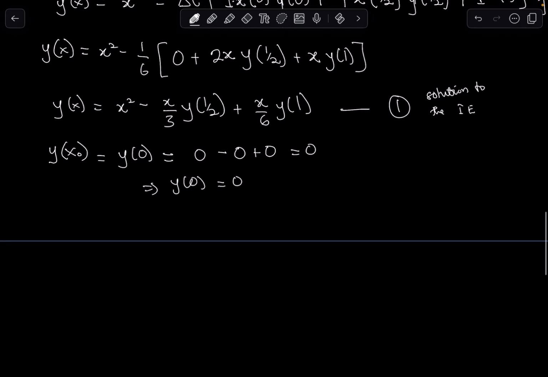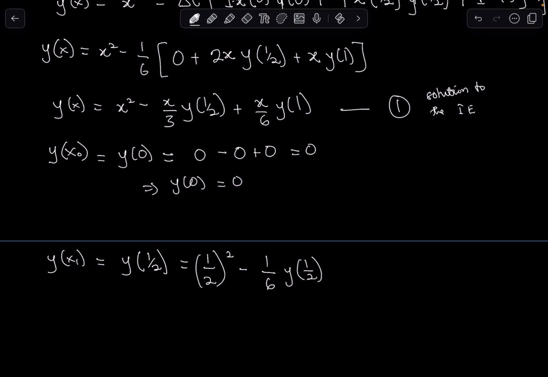Cool. And then we're going to do y of x1, which is going to be y of 1 over 2. I'm going to have 1 over 2 all squared minus 1 over 2 divided by 3. That's going to be 1 over 6. Y of 1 over 2 plus 1 over 2 divided by 6. That's going to be 1 over 12.